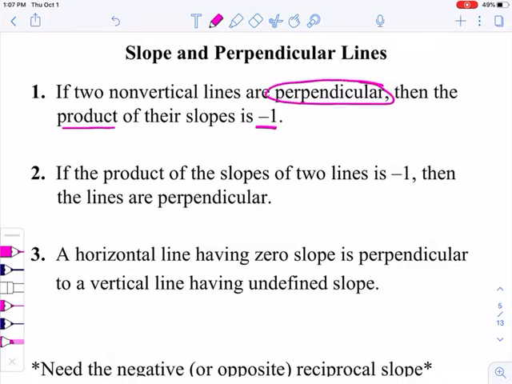What that means is you probably would have learned this. If you had a slope of 1/2, to make that perpendicular, you would take and flip the fraction and change the sign. We would have learned to use negative or opposite reciprocals.